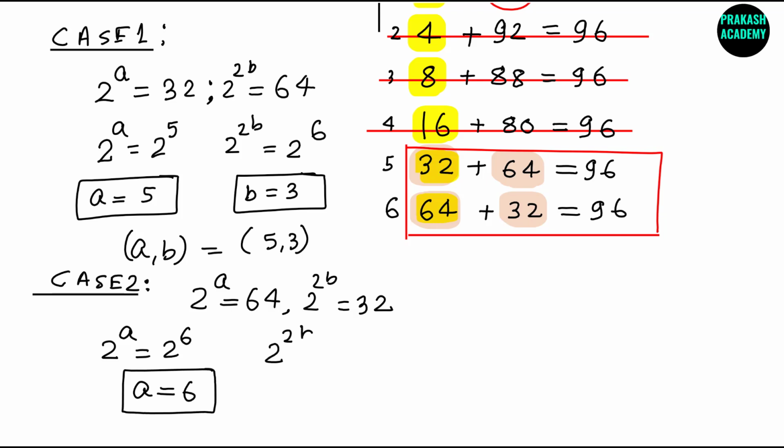Now 2 raised to the power 2b is equal to 32, which is 2 raised to the power 5. So from here 2b is equal to 5, which means b is equal to 5 by 2.